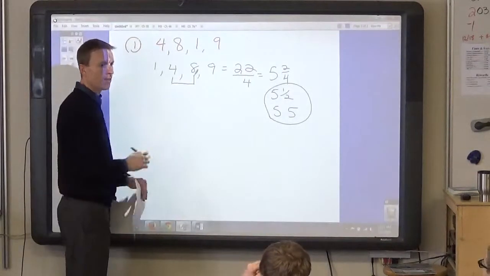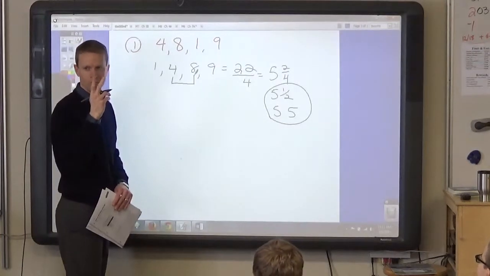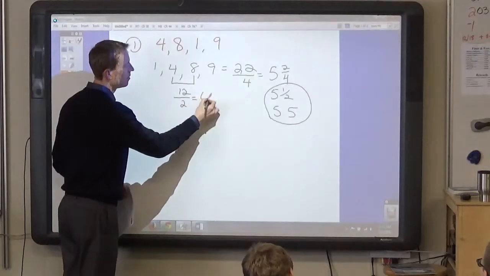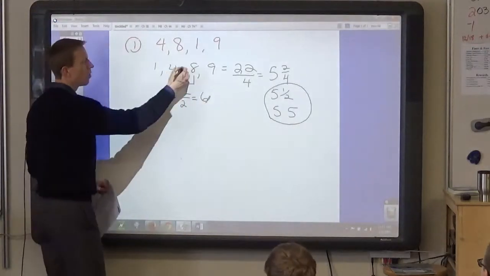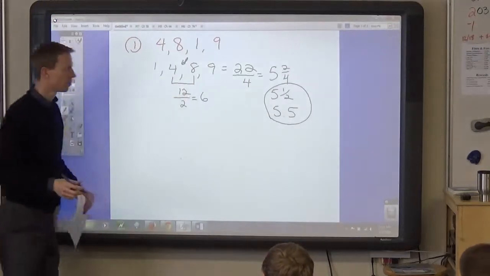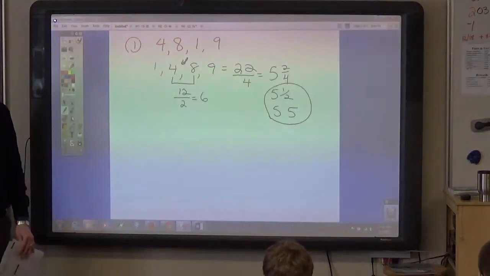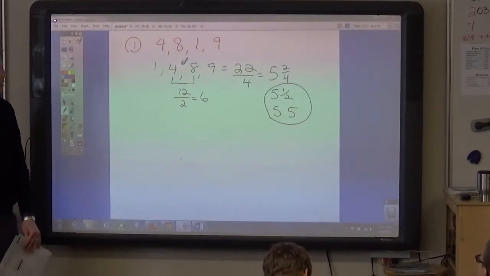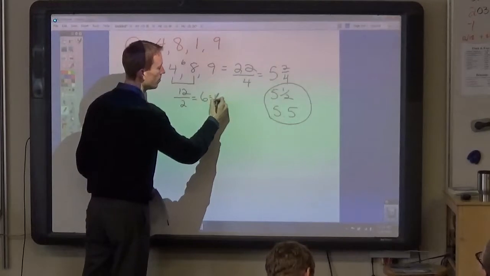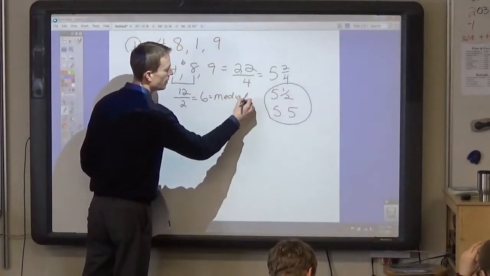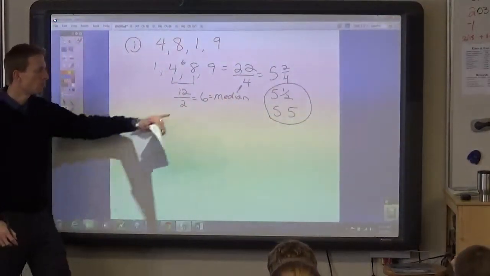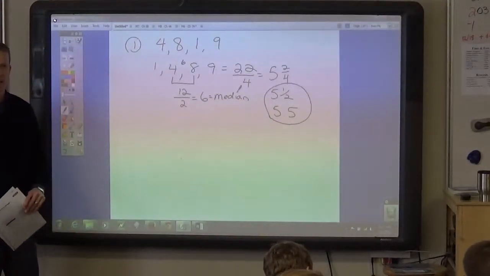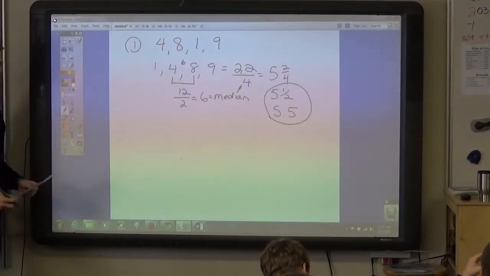You add them up and divide by 2. 4 plus 8 is 12. Divided by 2 is 6. 6 is the median. 6 would go right in between them. 6 is exactly in between. So 6 is the median of this set. Notice it's close to 5.5. So that's a middle value, the median. Okay?